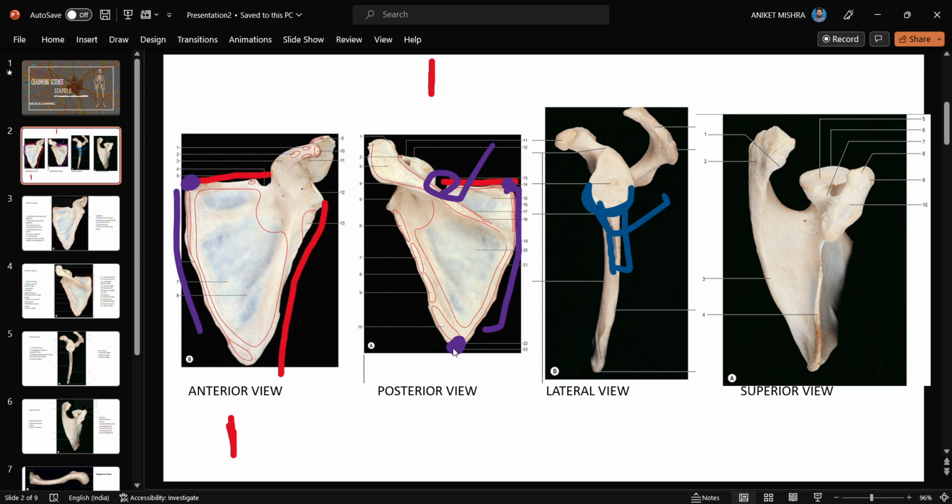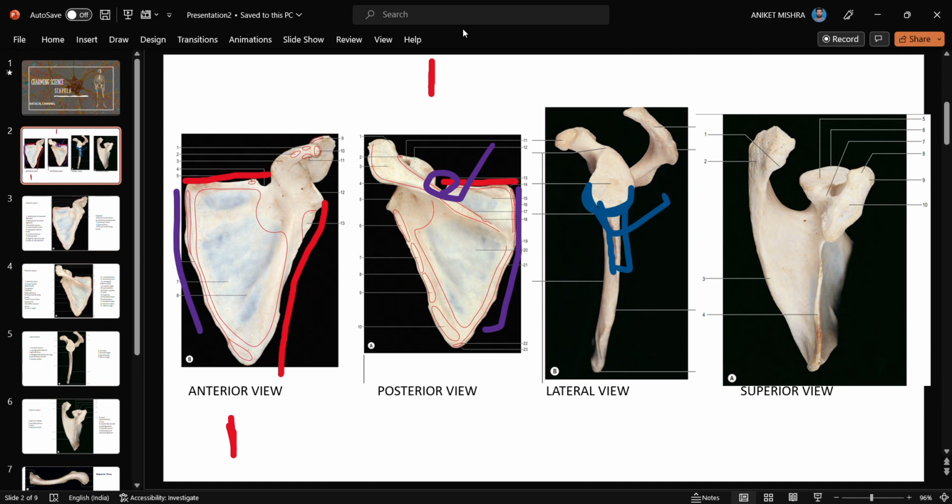We talked about the two surfaces, the costal surface and the dorsal surface. We talked about the three borders: the superior border, the lateral border and the medial border.